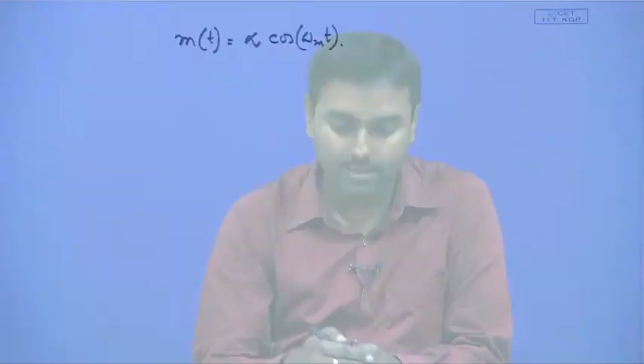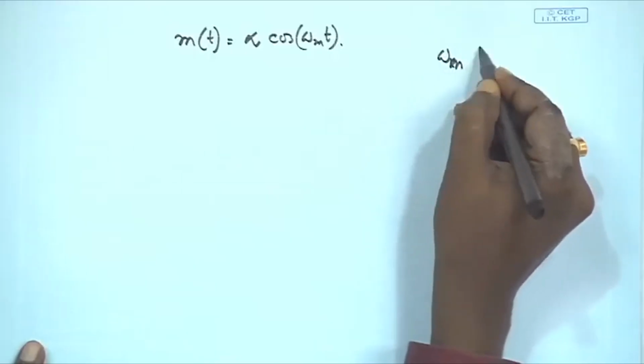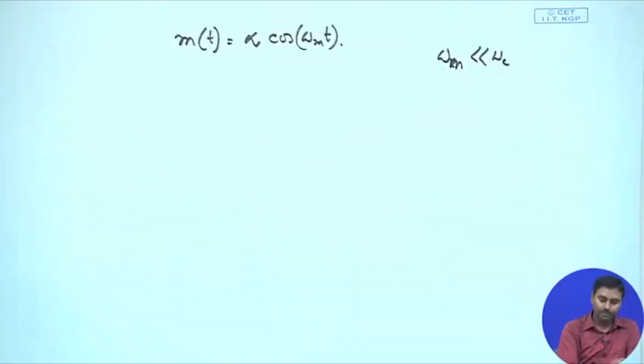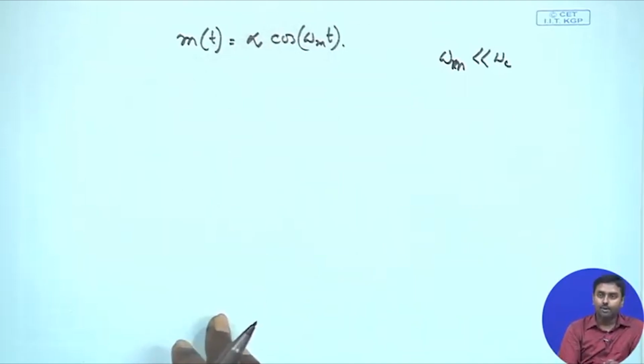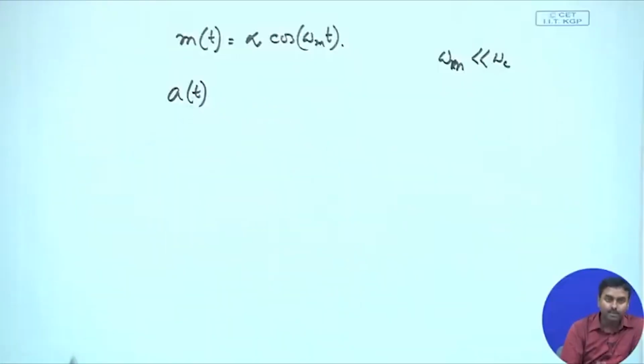So, we are saying that a message signal is just a tone, a cosinusoid at frequency omega m. And of course, omega m must be much smaller than omega c. So, this condition is valid. If this is the message signal, for constructing FM, I have to first construct A(t). So, what will be A(t)? That will be the integration from minus infinity to that particular t value.